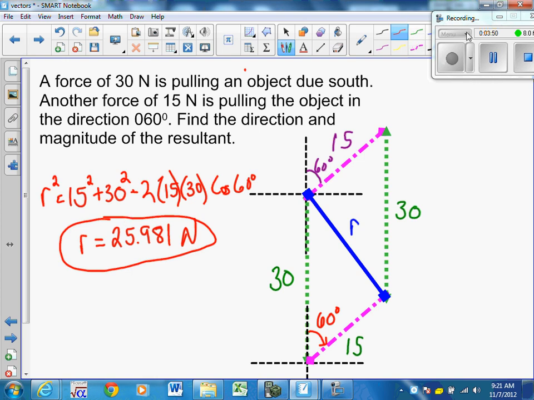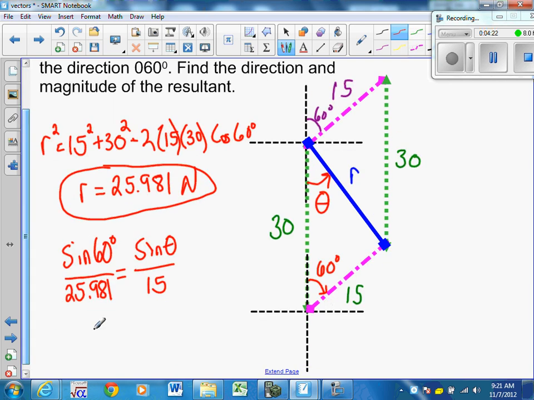The next thing we need to determine is the direction. Now I'm going to do this by looking at the bottom triangle here. I'm going to find this angle right here. So that gives me the sine of 60 over 25.981 equals the sine of theta over 15.